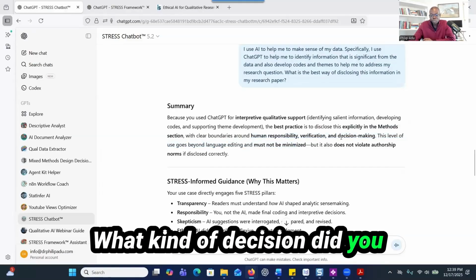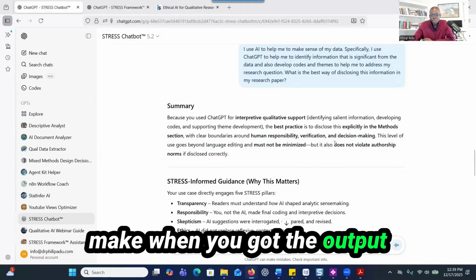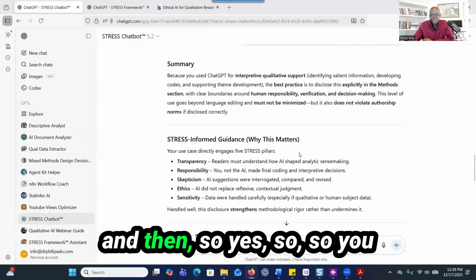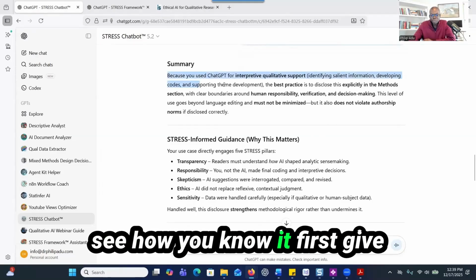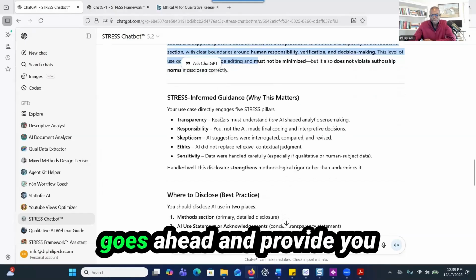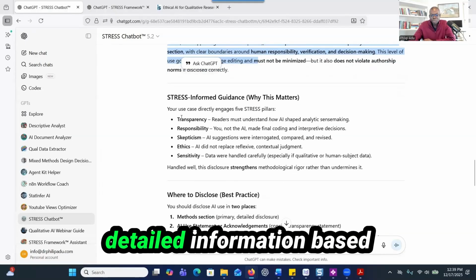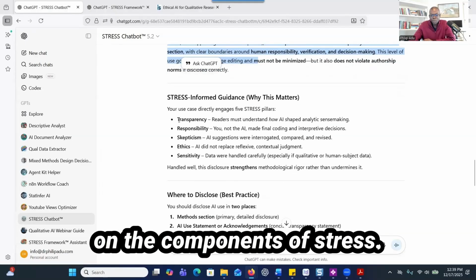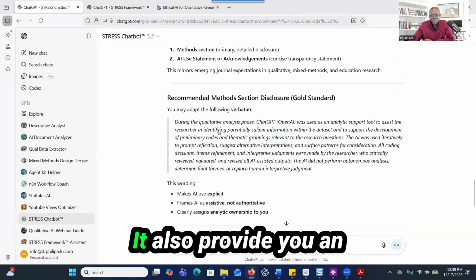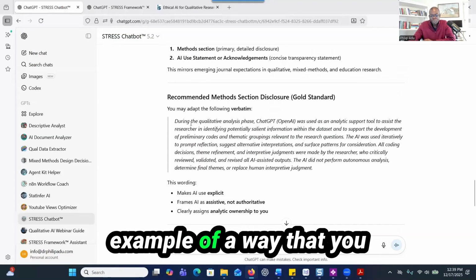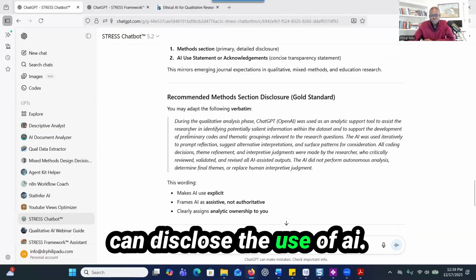What kind of decisions did you make when you got the output? So you see how it first gives you a summary, and then it goes ahead and provides detailed information based on the components of STRESS. It also provides an example of a way that you can disclose the use of AI.